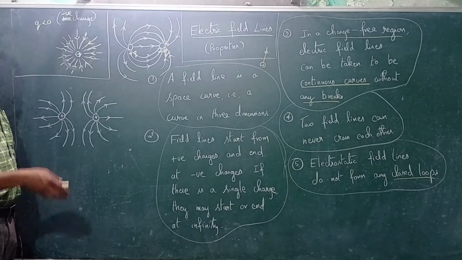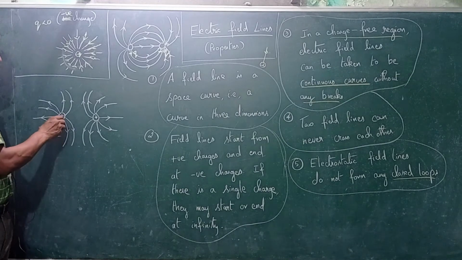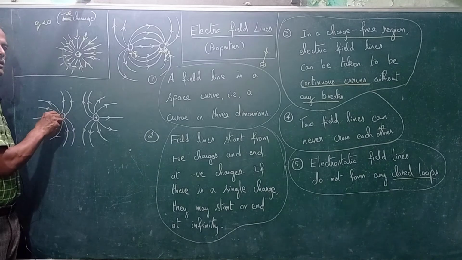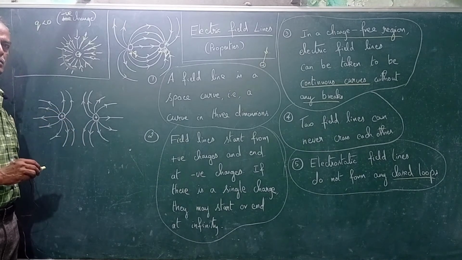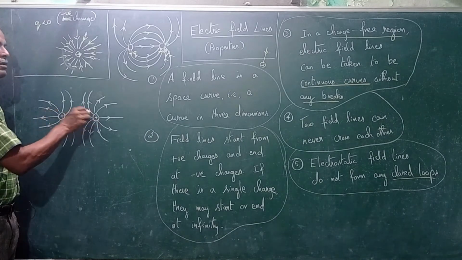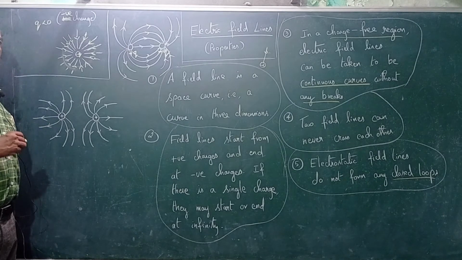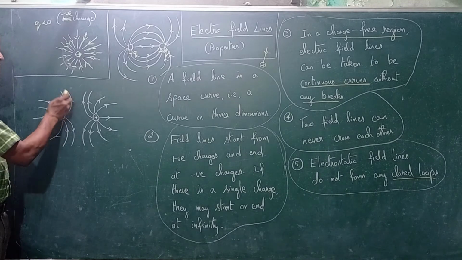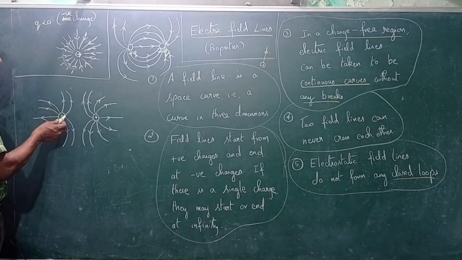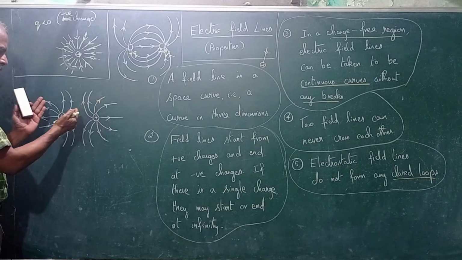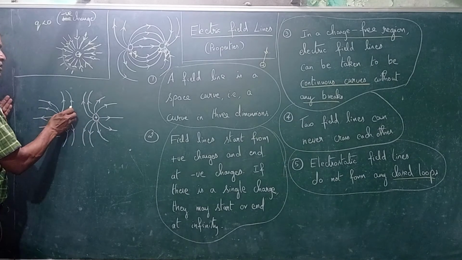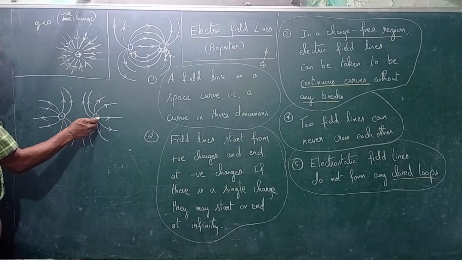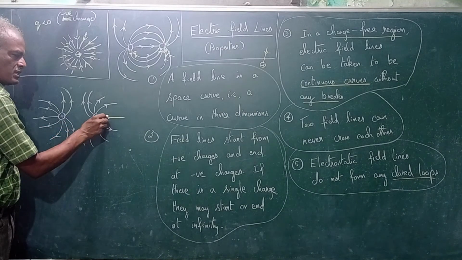Next you have like charges. Like charges means here plus Q, here also plus Q, or here minus Q, here also minus Q. So assuming both are positive charges, they will try to repel each other. So the electric field lines will move away. When they try to come near, because of the repulsive force, they get deviated. But at this point, it is directionally opposite.